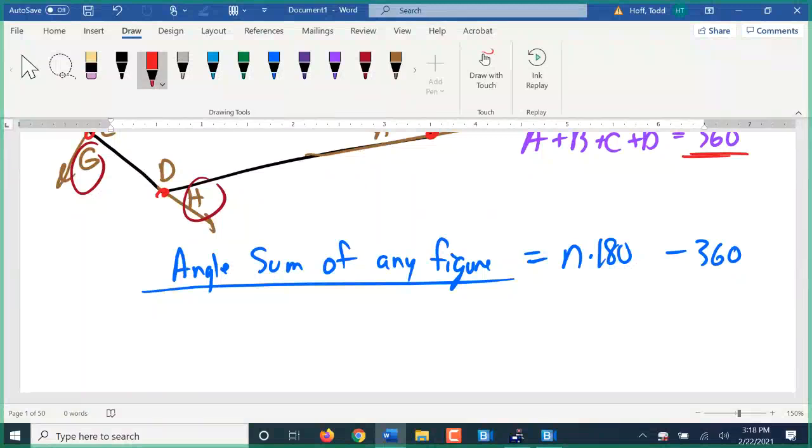Some textbooks shorten this. It's 180 times the number of sides minus 2, because 360 is just 2 180s, so they shorten it to that. But the top formula makes more sense to me because that shows where it comes from.